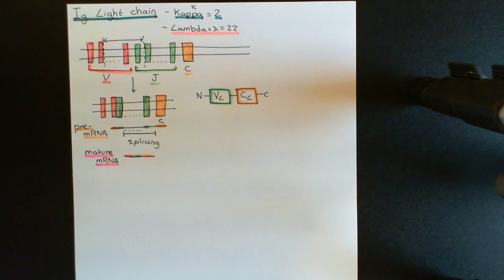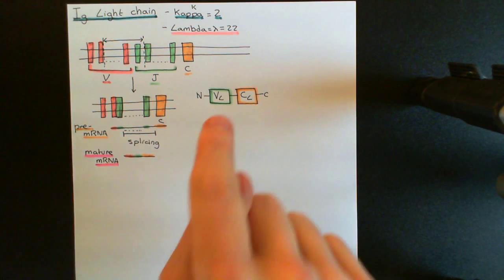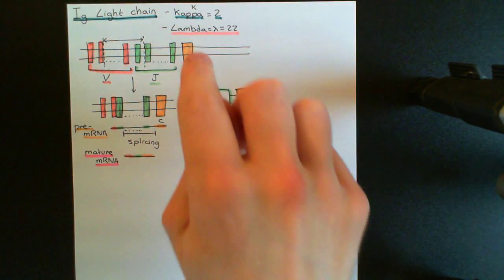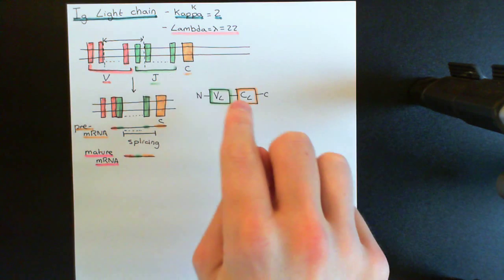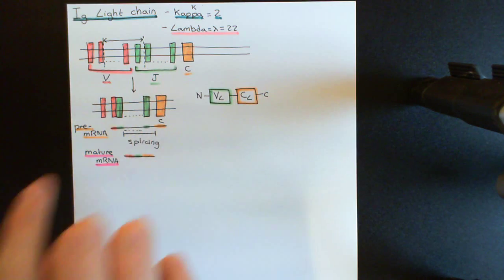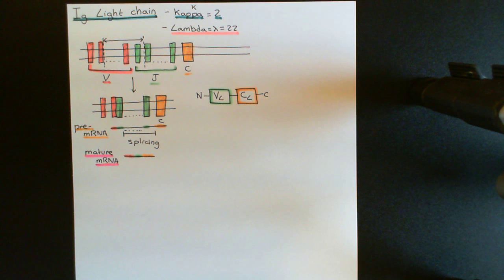The second thing to say is that once the designing process of the immunoglobulin light chain locus is completed during B-cell development, it is absolutely set in stone what that developing B-cell will use as its constant region for its immunoglobulin light chain, because either it will have designed its light chain using a Kappa immunoglobulin light chain locus, or it will have designed it using a Lambda immunoglobulin light chain locus.